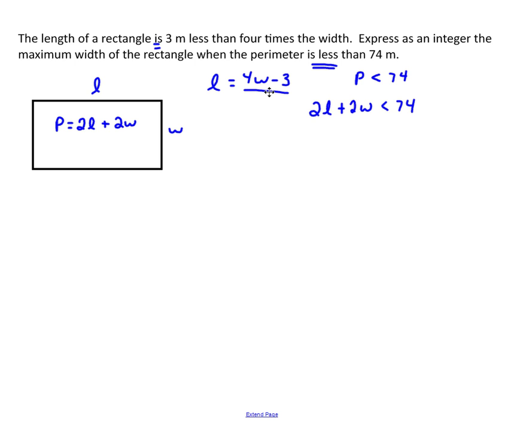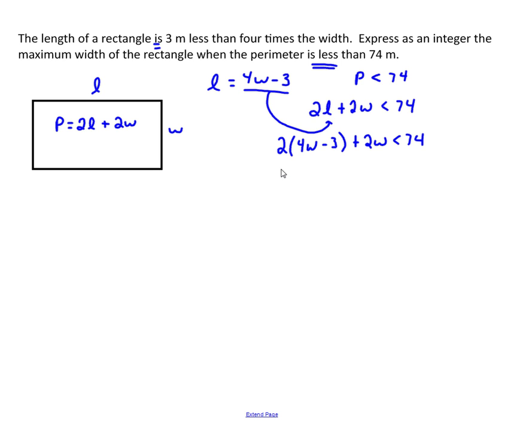So we're going to go ahead and make a substitution right here into this inequality. So we only have one variable. We'll have 2 times L, which is now 4W minus 3, plus 2W. And again, that is all less than 74. Now we've got a nice inequality in one variable that we can solve directly. So let's go through the algebra.